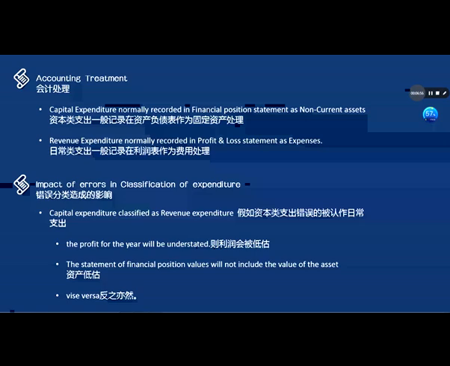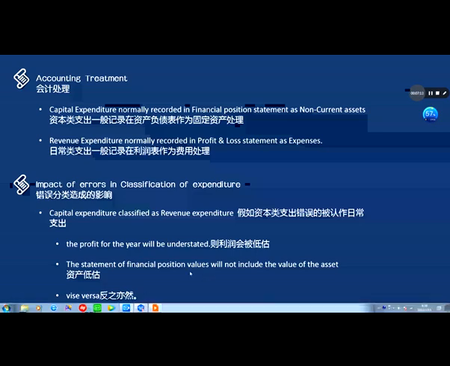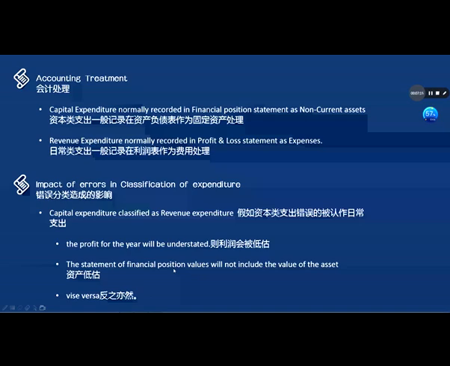And meanwhile, because we misclassified the capital expenditure as revenue expenditure, the non-current asset value is understated as well. So it's less than what actually happened. The statement of financial position did not include this in the value of the non-current asset.